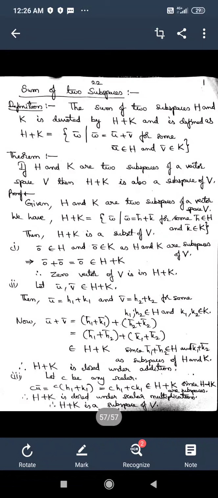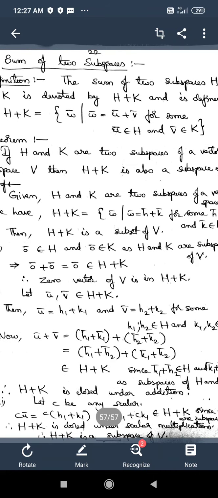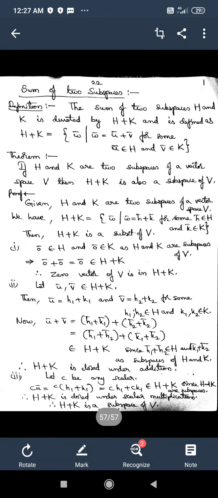We can say that just as H intersection K is a subspace whenever H and K are two subspaces of a given vector space V, here also the sum of two subspaces H and K, denoted by H plus K, is also a subspace of V. So how can we prove that H plus K is a subspace of V? Let us see.